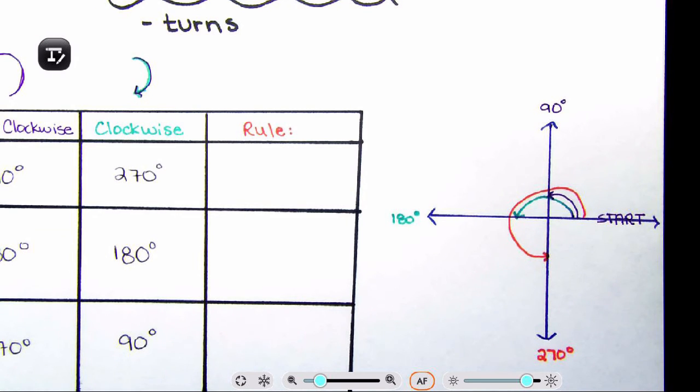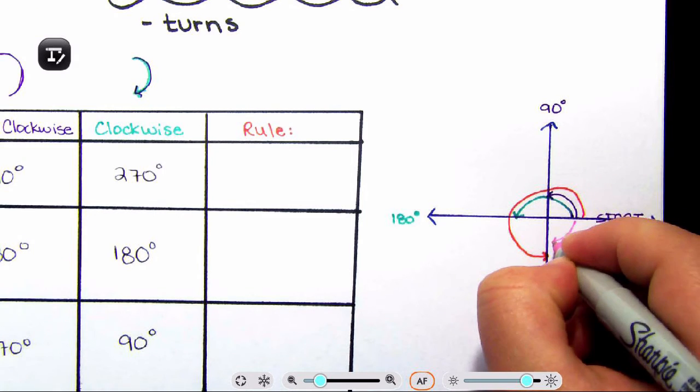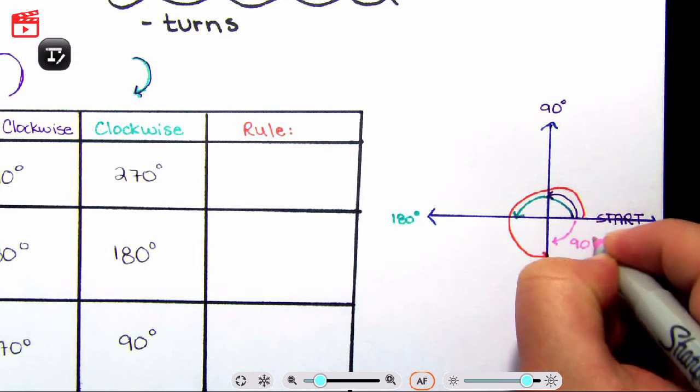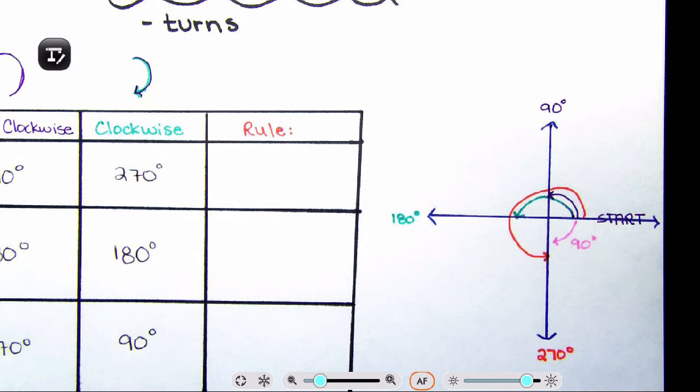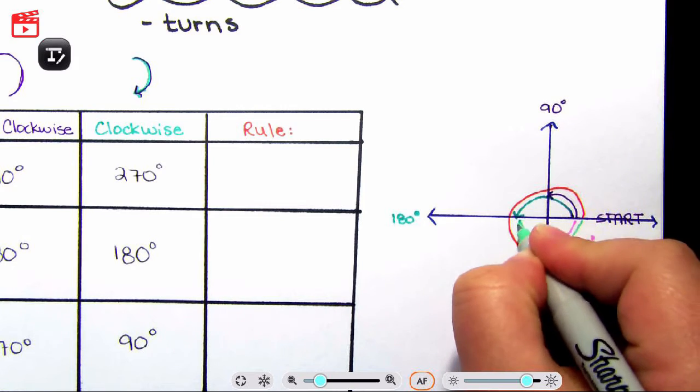Now, if we go clockwise, the opposite direction, let me get three other colors. This would be 90 degrees, and I'll write it on the inside so we know these are the clockwise measures. So that's 90 degrees. This here is 180.